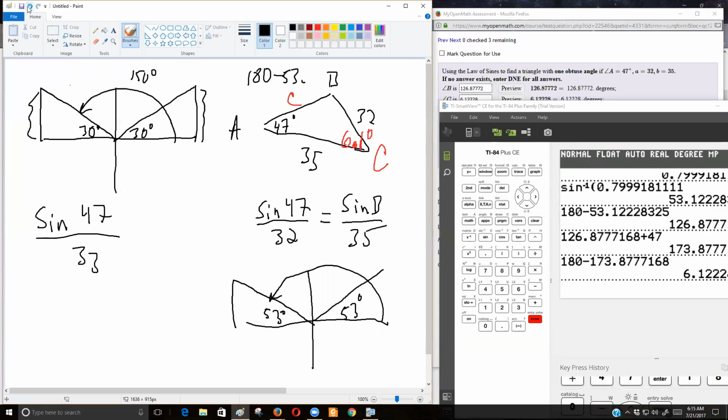That's 32. Equals the sine of 6.1, and of course I'm going to use the full value from my calculator, over side C. So cross multiply and divide.